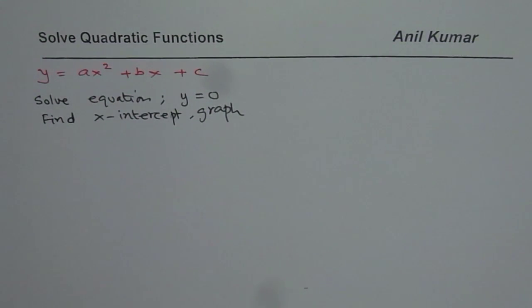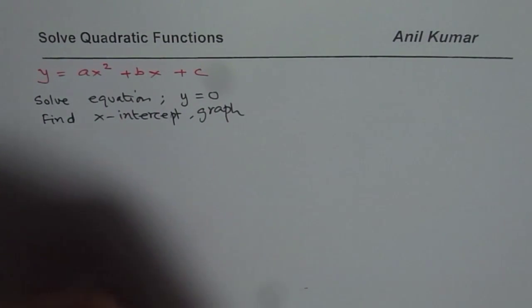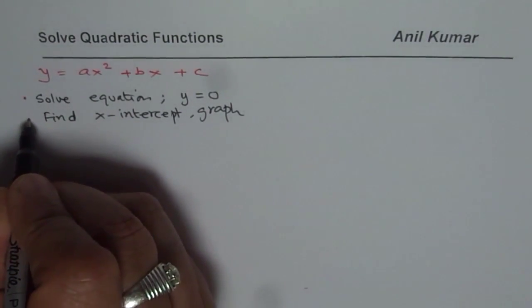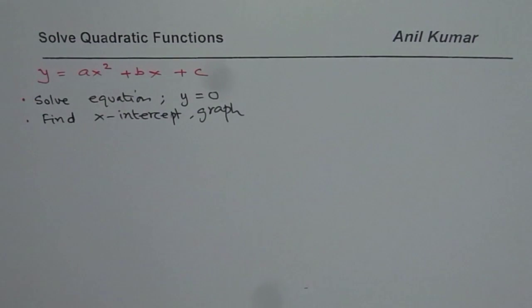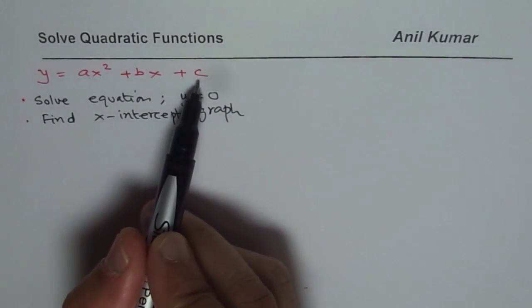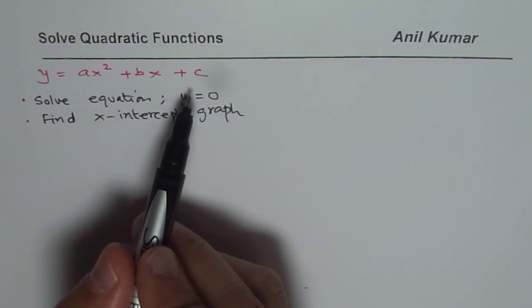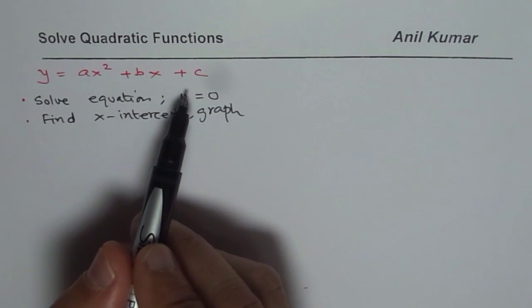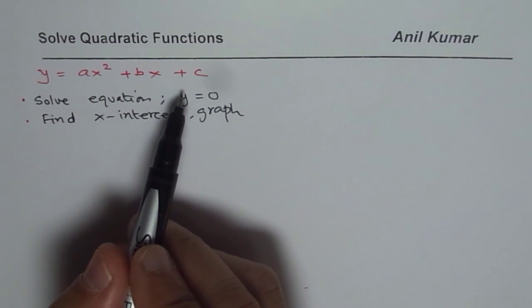So these statements could be used many times, and the general meaning of these statements is equate y equals 0. Find the solution means find the value of x which will make this function 0. So that is what we really mean. And by default, we take real numbers as our domain, right?